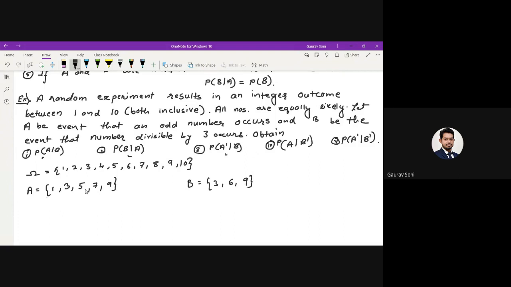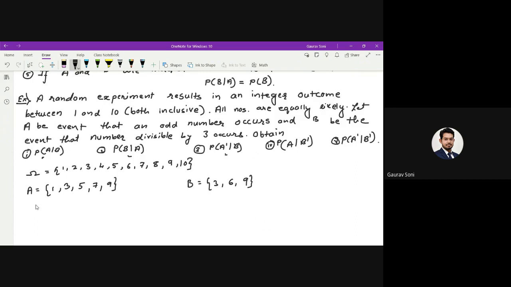We have seen that the formula for probability of A complement given B was 1 minus probability of A given B. This we have seen yesterday. But we don't know what happens with A given B complement. For this reason, I'll go by the straightforward formula: probability of the intersection divided by the other one.